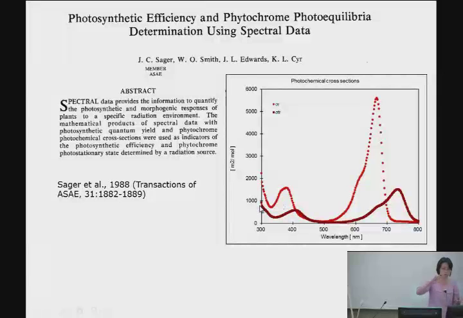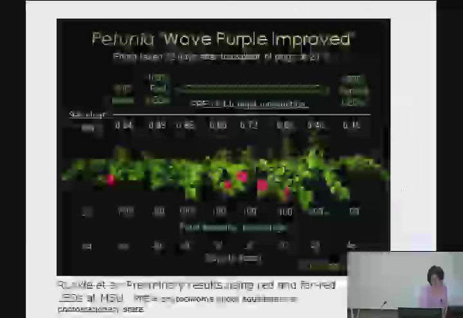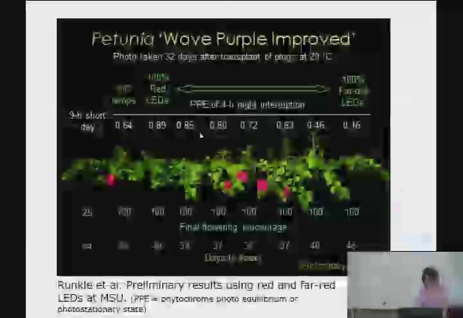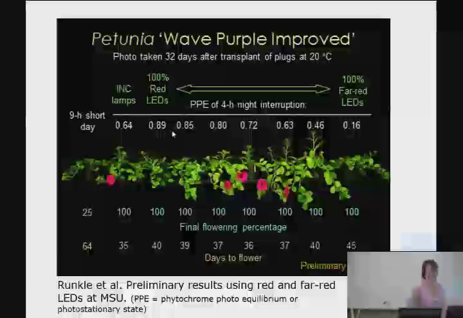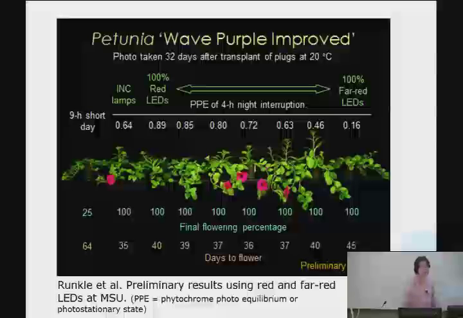Using the absorbing spectral characteristics of the two forms, you can weigh the wavebands and estimate how much of the phytochrome is in the red absorbing form and how much is in the far red absorbing form. The far red absorbing form is the more functional, biologically active form, and then you can compute the value. The higher the value is, the more activated phytochrome is. That's a way to quantify the quality of the light.